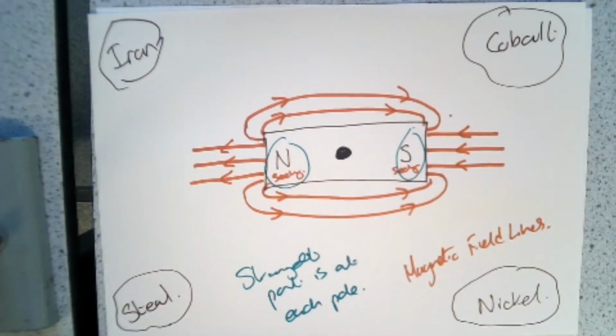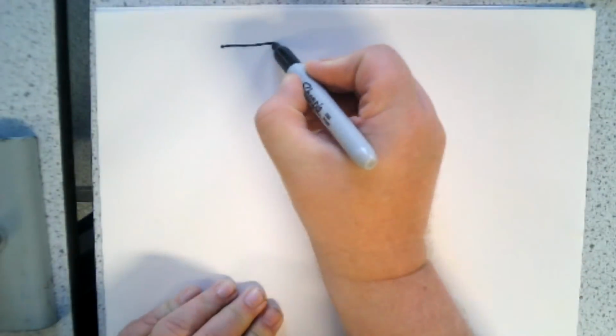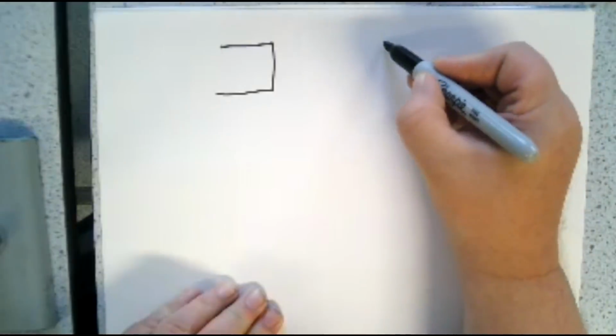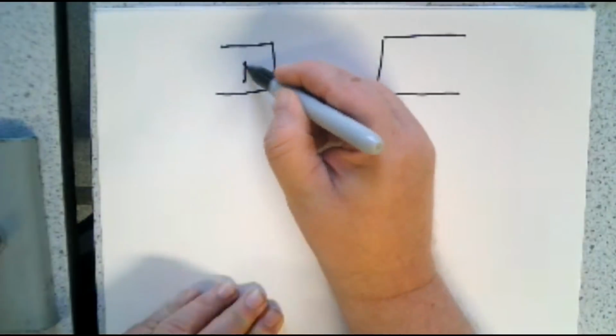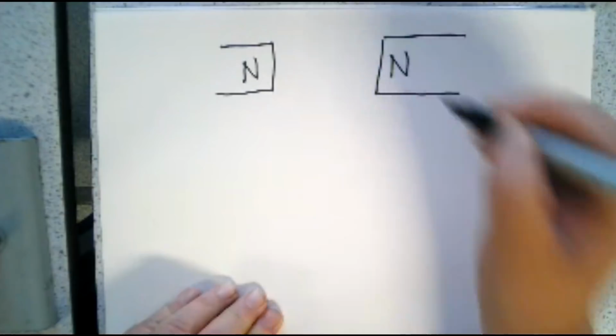Now, once we know what the magnetic field lines look like, we've then got to think about whether we can explain how a magnet behaves when it comes next to another magnet. So for this, I'm going to draw at the top, again, part of a magnet. This time, I'm just showing one end. I've decided that this end is a north pole and this end is a north pole.